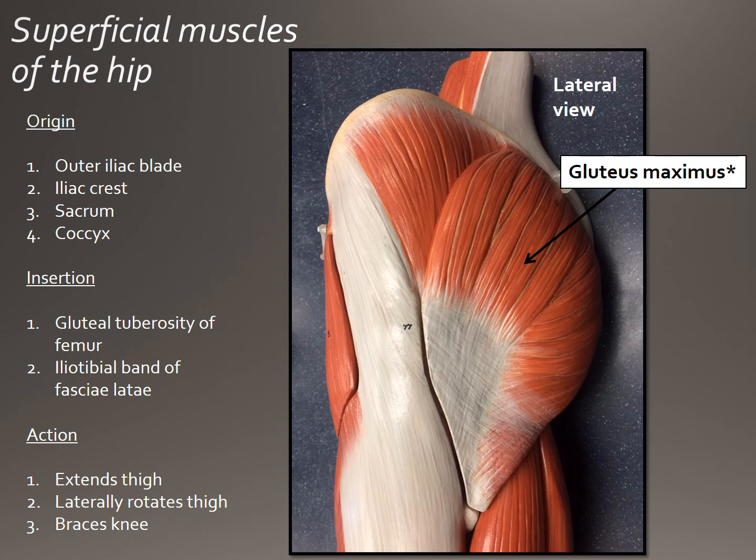Now, a nice way to illustrate this muscle in action is to imagine yourself hiking down to the Colorado River in the Grand Canyon, and as you're hiking down the Bright Angel Trail, the South Kaibab Trail, every time you step, your gluteus maximus is working to brace the knee, to stabilize your knee for the next step.